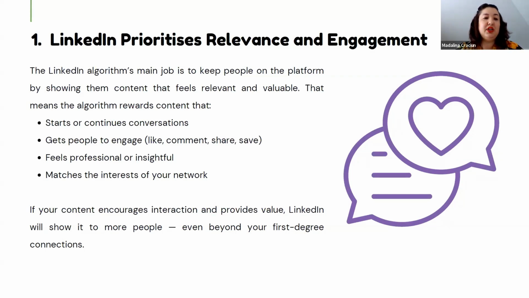That means the algorithm rewards content that starts or continues conversations, gets people to engage, like, share, comment, or save, feels professional or insightful, and matches the interests of your network. So if your content encourages interaction and provides value, LinkedIn will show it to more people, even beyond your first degree connections.